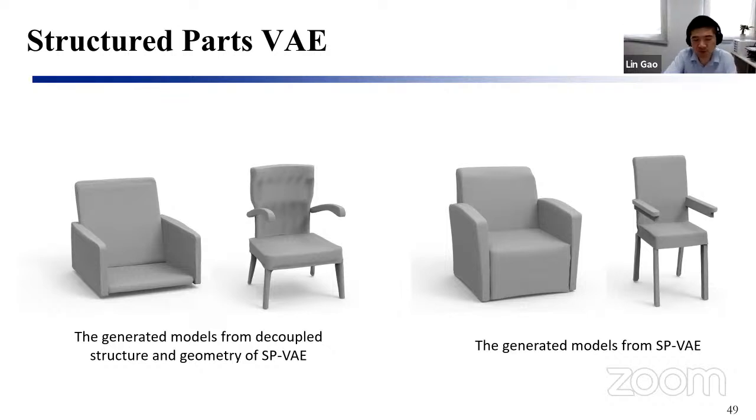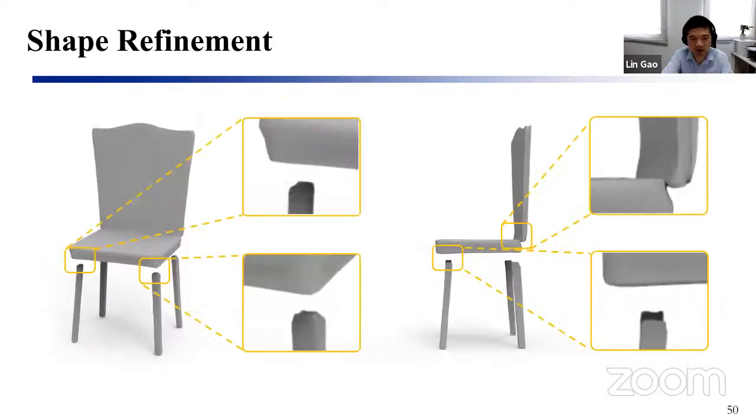There is another problem: for the generated mesh model, the geometry detail is fine. Look at this figure. The geometry detail is fine, but the structure may not be good. However, because of the generated code, including the supporting information and the supported information, we could use this information to refine the generated shapes.